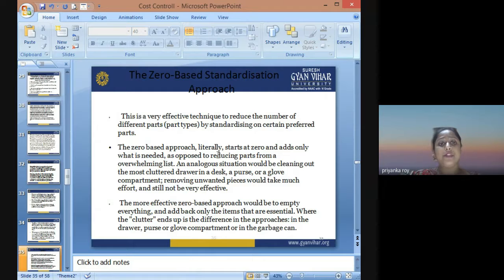Zero-based standardization approach is a very effective technique to reduce the number of different parts by standardizing on certain preferred parts. Zero-based approach literally starts at zero and adds only what is needed, as opposed to reducing an overwhelming list of parts.